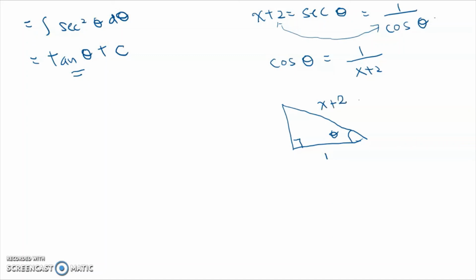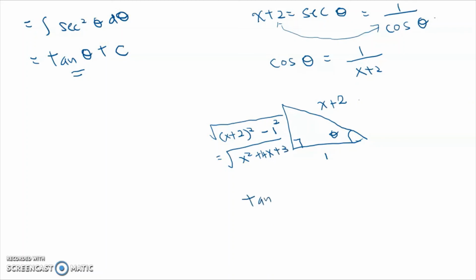Then I use the Pythagoras theorem. This line should equal the square root of x plus 2 squared minus 1 squared, which is x squared plus 4x plus 4 minus 1, so it's plus 3.